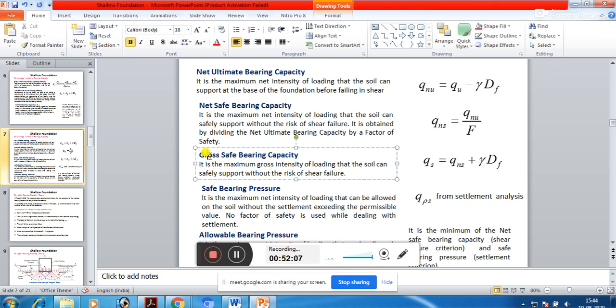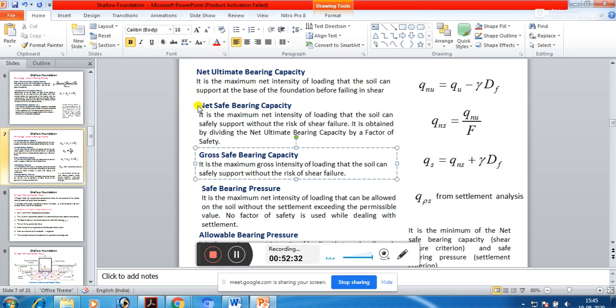This gross safe bearing capacity, sometimes this term gross is not mentioned. Instead of that, it is only said safe bearing capacity. Don't get confused this safe bearing capacity with safe bearing pressure. Safe bearing pressure comes from the settlement analysis, whereas safe bearing capacity, which is nothing but your gross safe bearing capacity, this is what you will have to do.